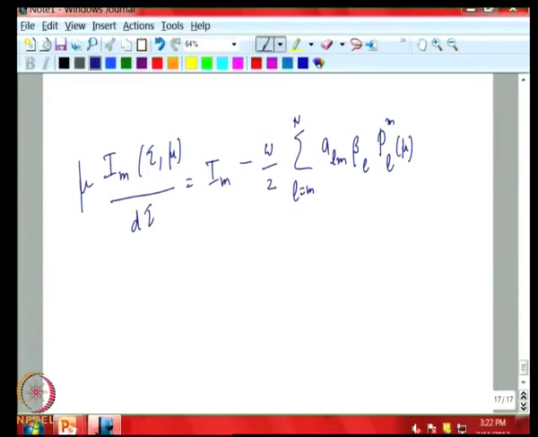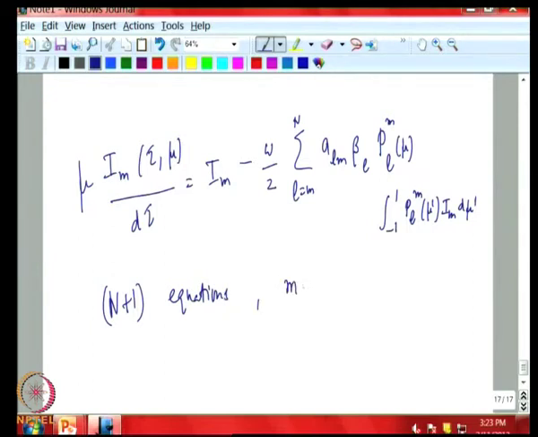And here inside now is the integral over all azimuth angle. So, the integration over the azimuth angle has now been done. So, we have now n plus 1 equations, that is, m going from 0 to n.